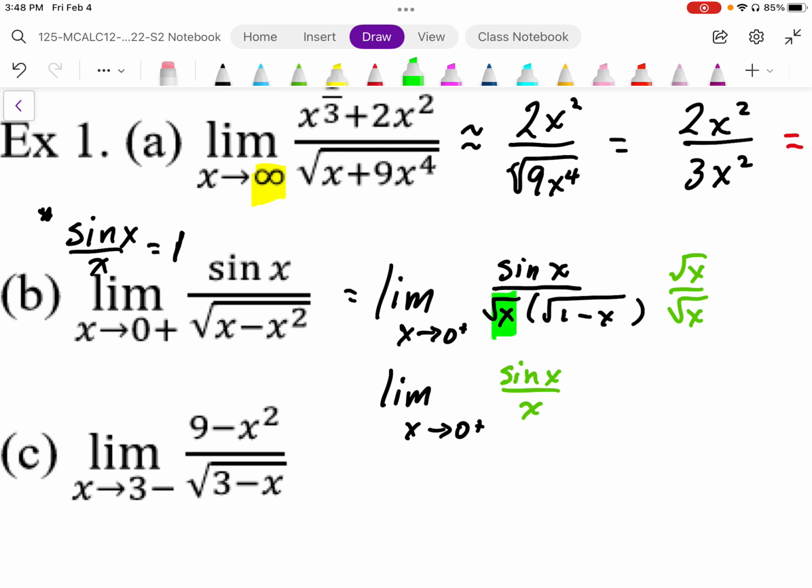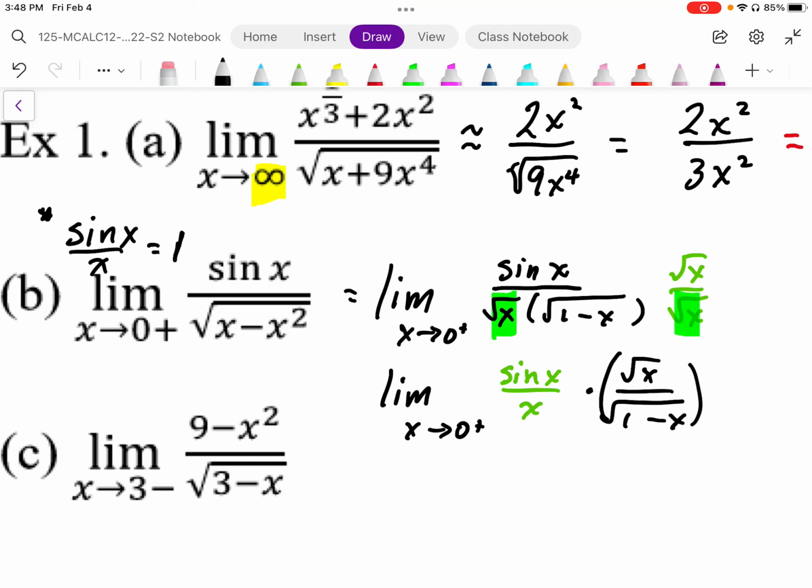When I combine these two, I get that x. The rest of it I still have to keep track of, times square root x over square root 1 minus x. I can evaluate those two parts separately.